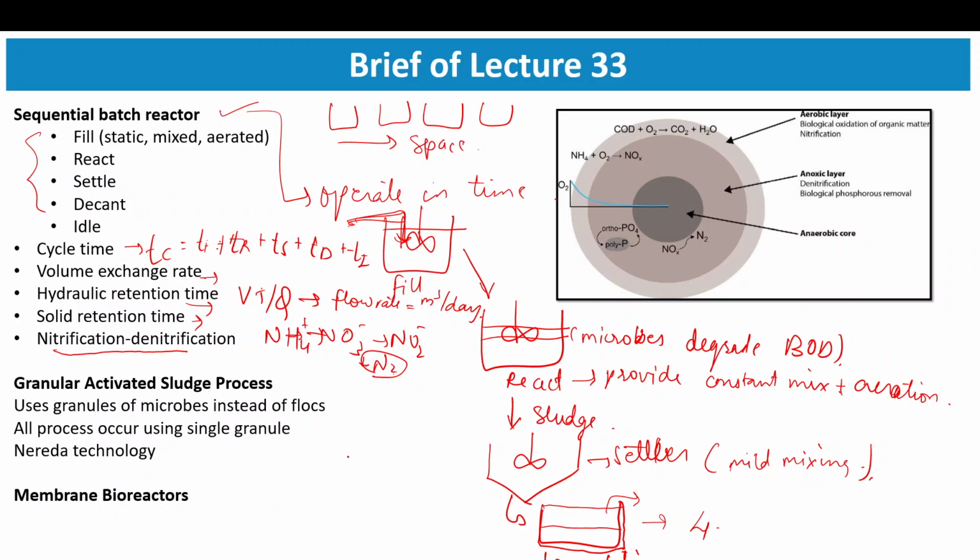Now moving forward, granular activated sludge process. Again, it is a modification of the activated sludge process. The activated sludge process handles flocs of microbes, while in the granular activated sludge process, you allow the microbes to grow into granules.